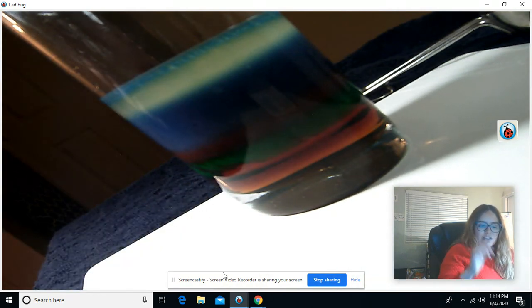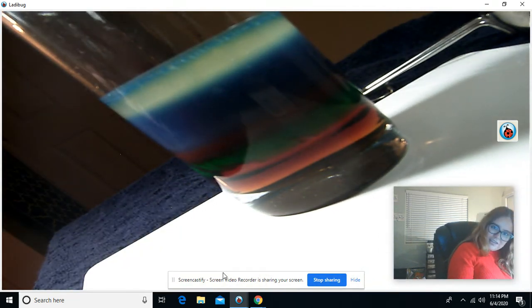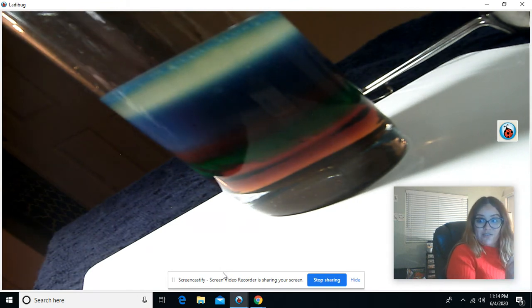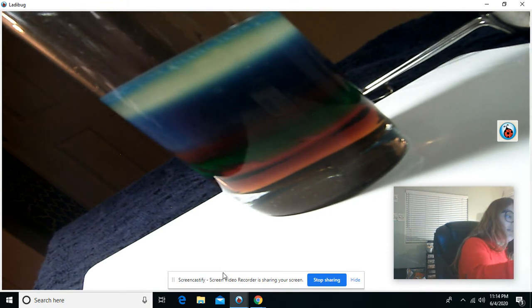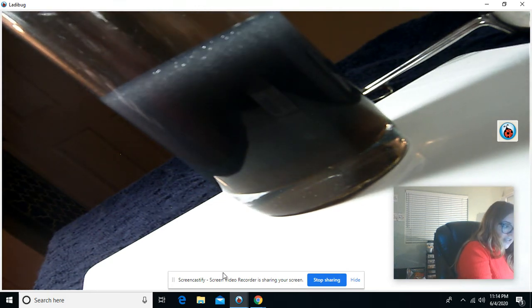Let's see what happens if I try to mix them up because it looks like they're not mixing. Do you want to find out what happens? I don't know. Let's see. Swirl, swirl, swirl. Let's see if they mix.